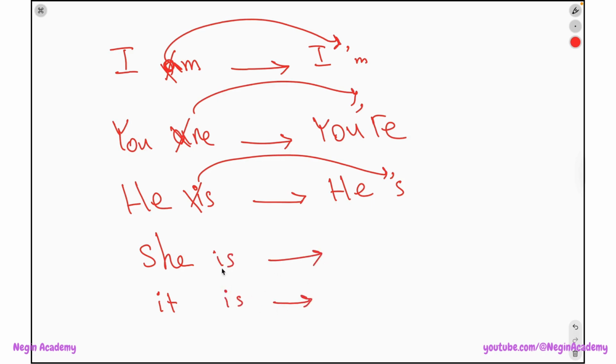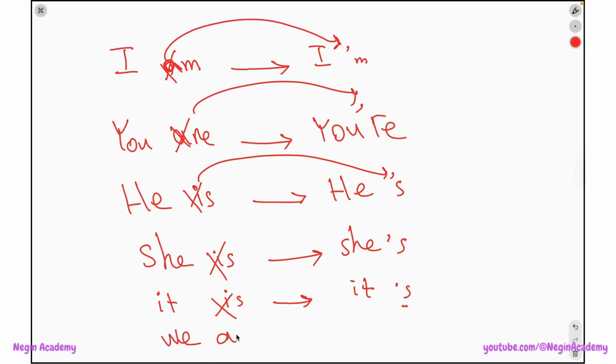We always have to use this formula. For instance, we have to say she's, we have to say it's, but the pronunciation is a little bit different. He's, it's. Here we have this sound, and here we have this sound. He's, she's, but it's.